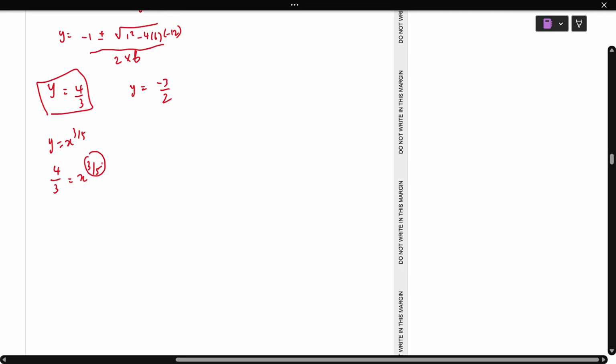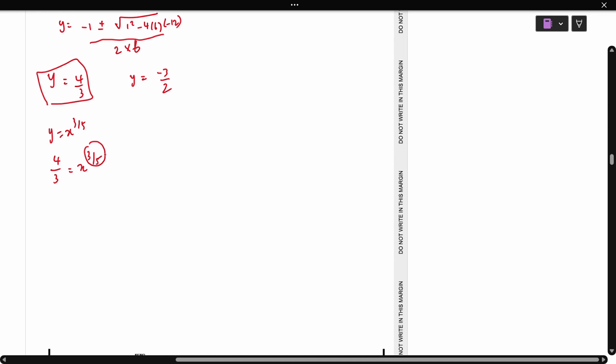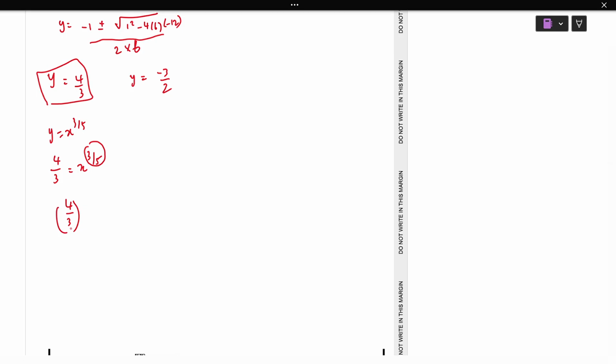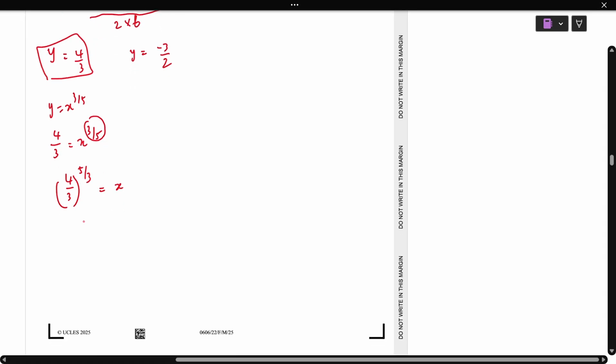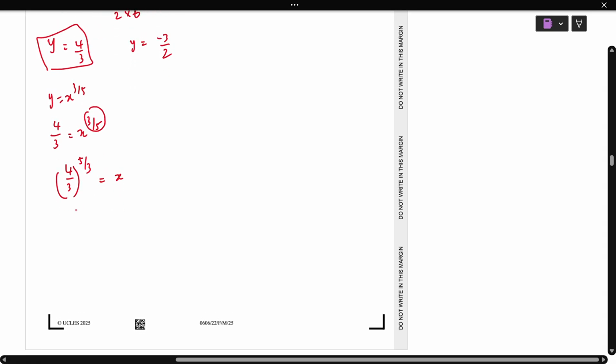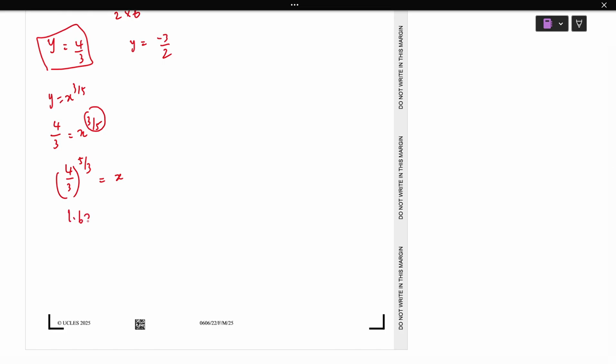I need to raise both sides to the exponent 5 over 3. So 4 by 3 power 5 by 3 equal to x, because I removed the 3 over 5. When we use the calculator, we'll get the answer 1.63. So x equal to 1.63 is the final answer.